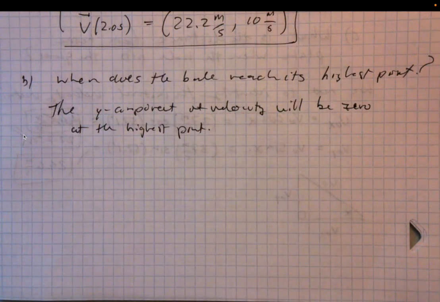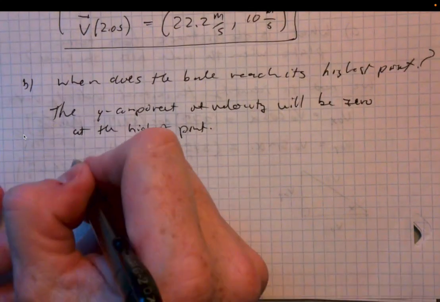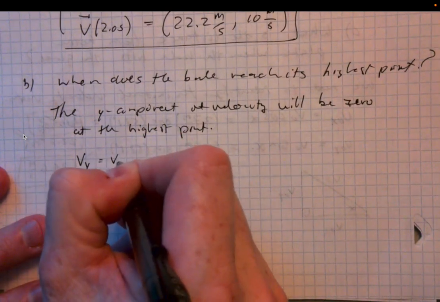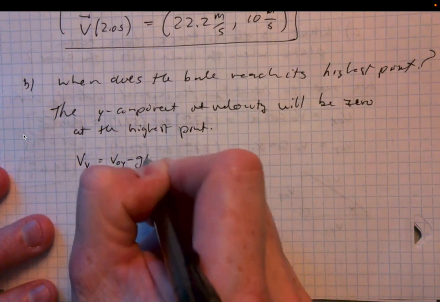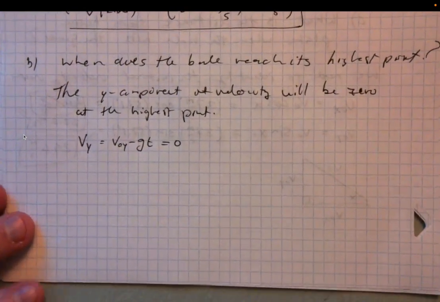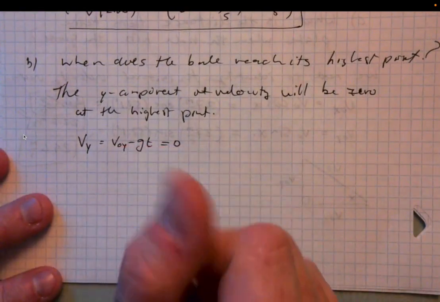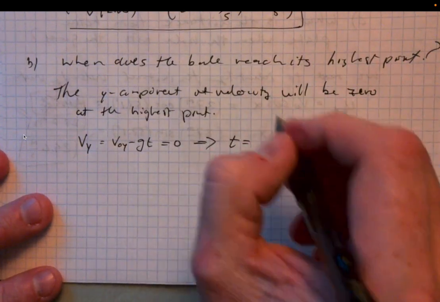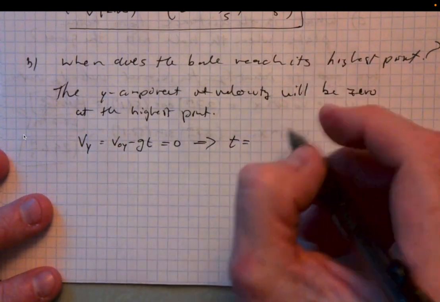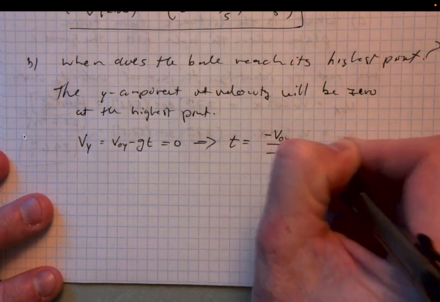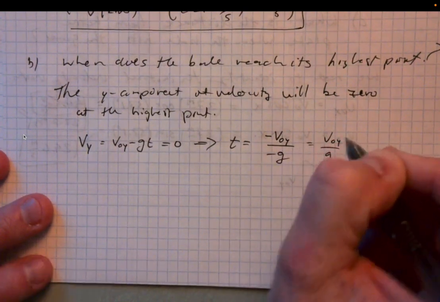Okay. And so basically what we can do is we can set the y component of velocity, which we know is equal to v naught y minus gt, we can set that equal to 0 and solve for t. Right? So t then would be equal to, we could do the algebra first, negative v naught y over negative g, which is just v naught y over g. Right?